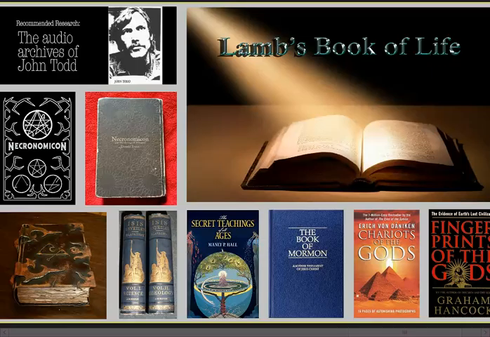Then you have the Book of Mormon, which John Todd also talked about as having been basically plagiarized from the Illuminati Necronomicon. And of course they talk about Joseph Smith being a Mason and all that kind of stuff.